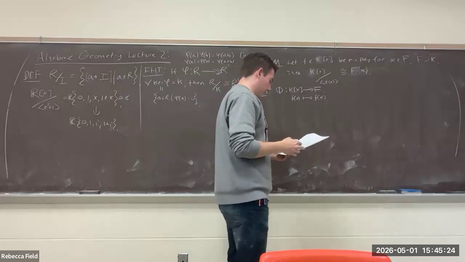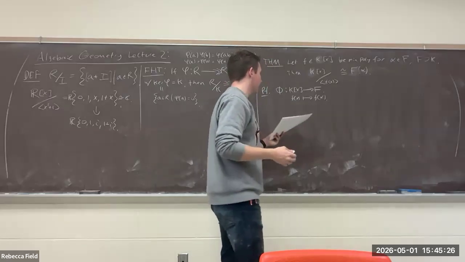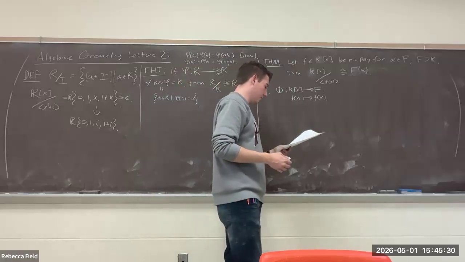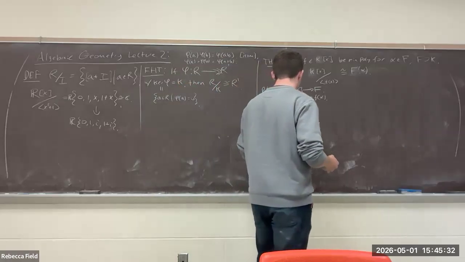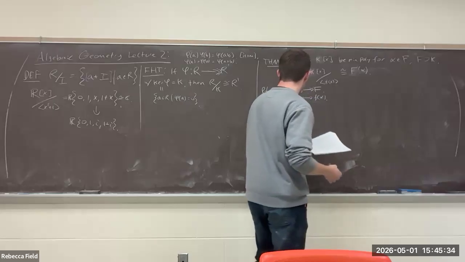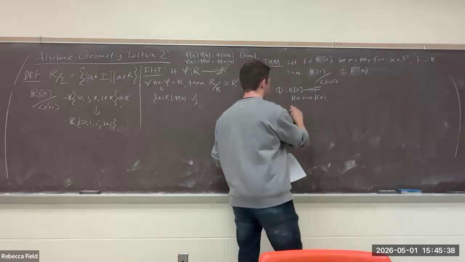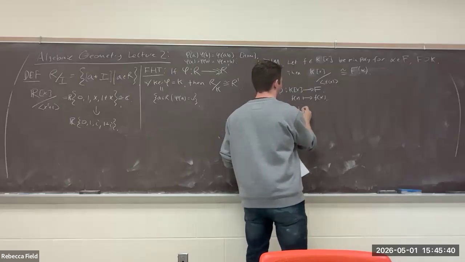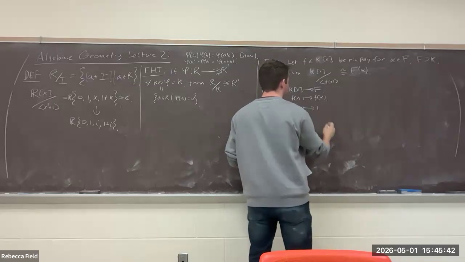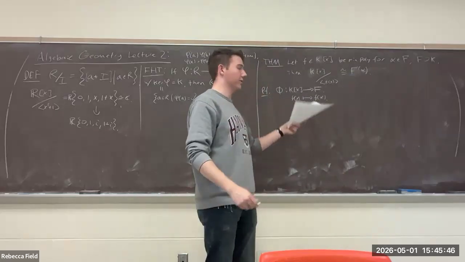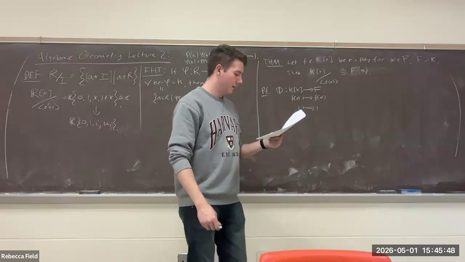We're sending anything that's in K to itself, and constants go to themselves. So anything like 1 clearly maps over to 1, and any scalar multiple of 1 by K maps to itself. So K is fixed under phi.